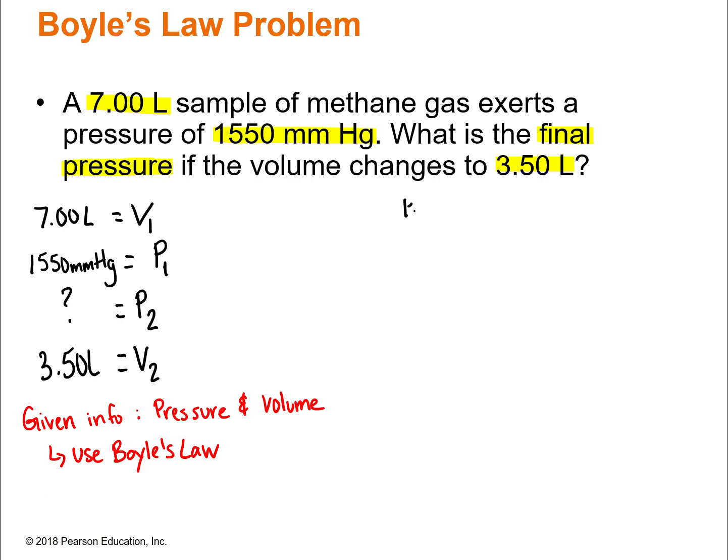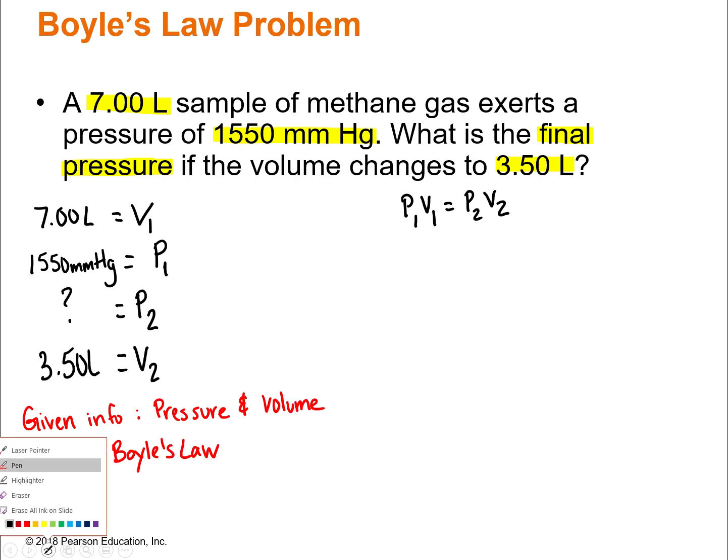Boyle's law, P1 V1 is equal to P2 V2. What we're solving for here is the final pressure, which is P2. To isolate that, we have to divide both sides by V2.